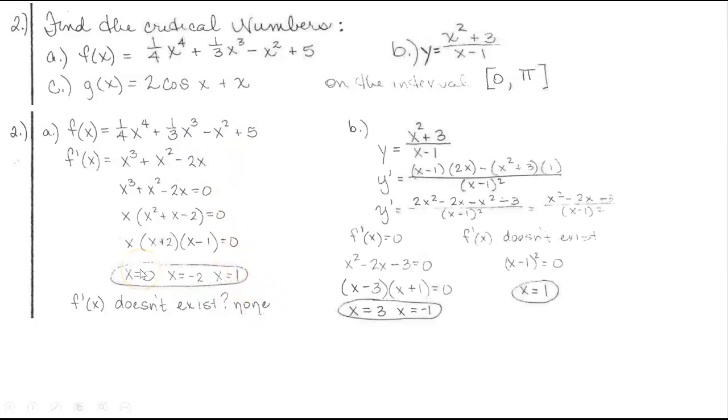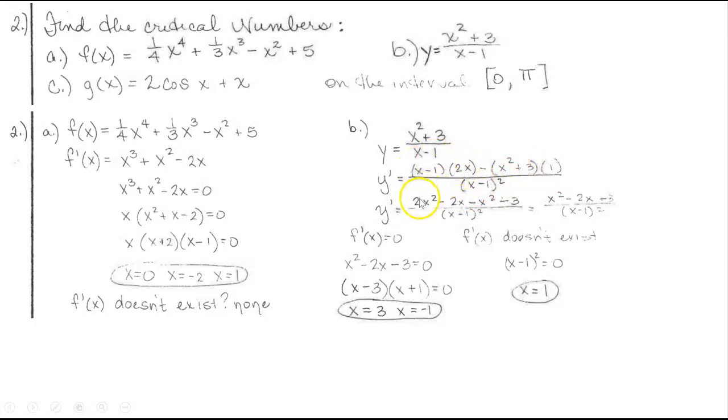All right, then for B, we have a fraction. Now, I would always want to look to see, is there any way to simplify this first before I just jump in with low D high minus high D low, but there is no way to simplify. So we're going to say denominator times derivative of numerator minus numerator times derivative of denominator all over denominator squared. So simplify that a little bit.